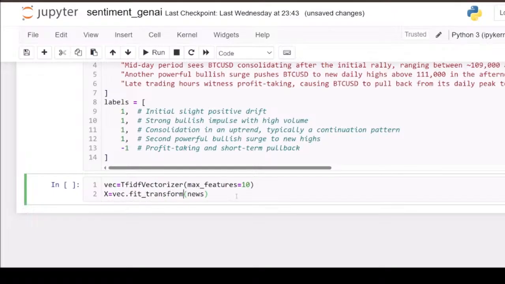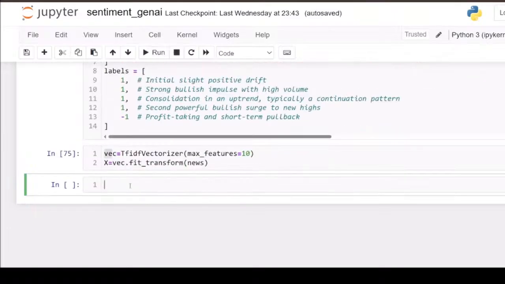Okay, if we say this, instead of y we have to say clf, and in this clf what I'm doing is calling the DecisionTreeClassifier.